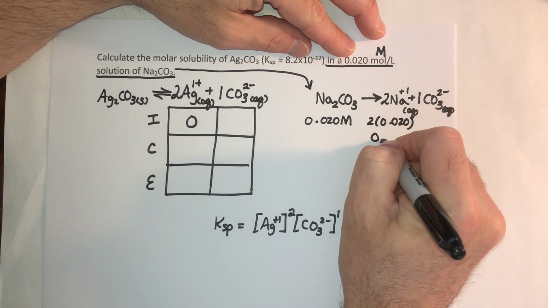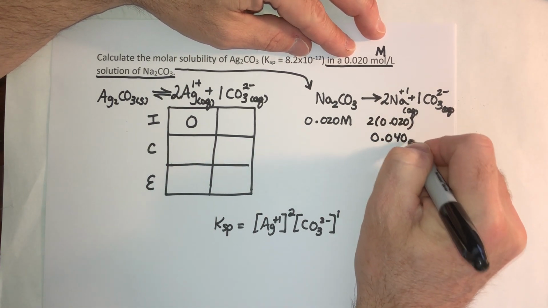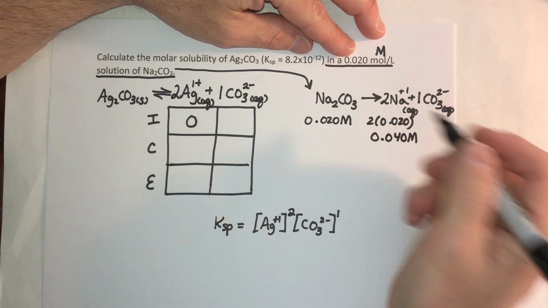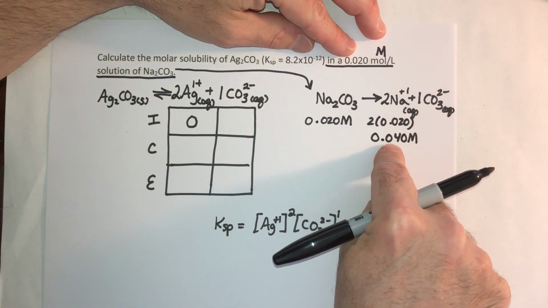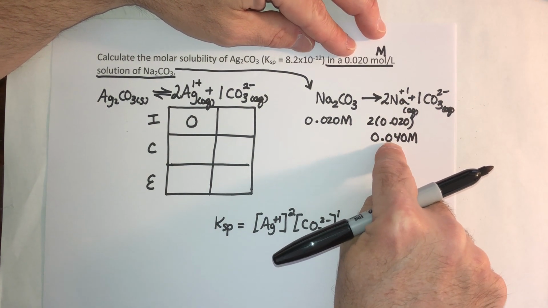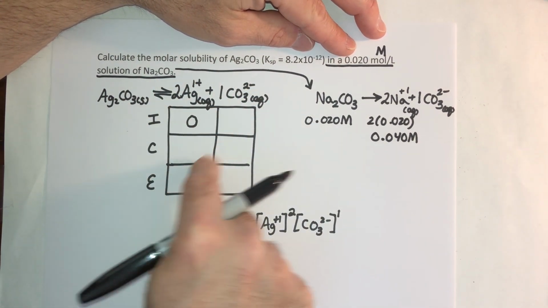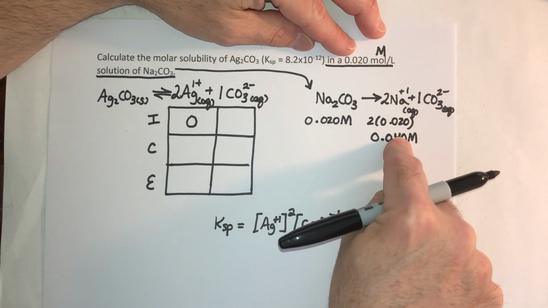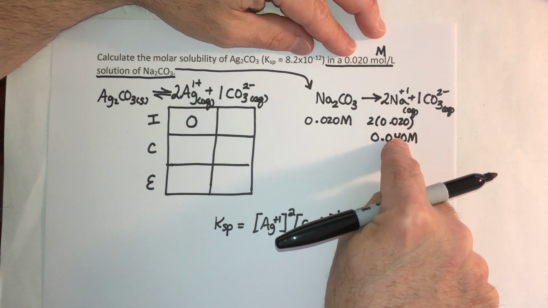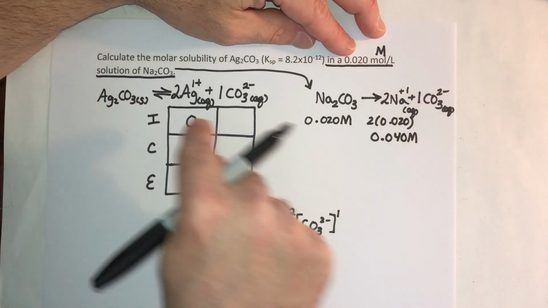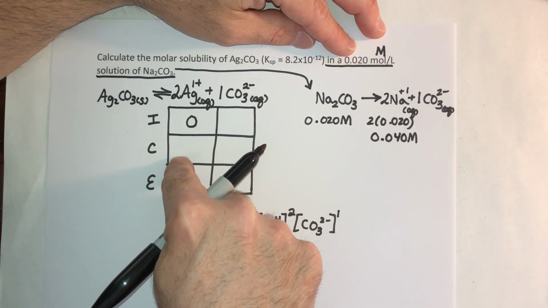So for the sodium, I'm going to get 0.040 molar. Now, in the end, am I worried about sodium? No. Because does sodium show up in my ice table? No. So even though it's here, even though we talked about it, the sodium really isn't going to take part, right? It's not part of our ice table.